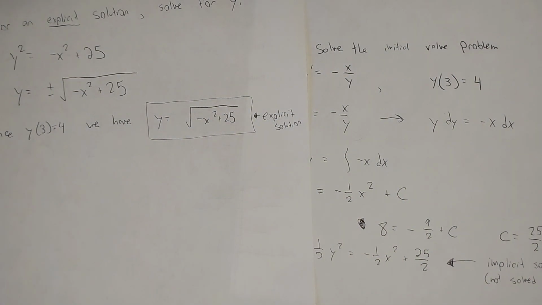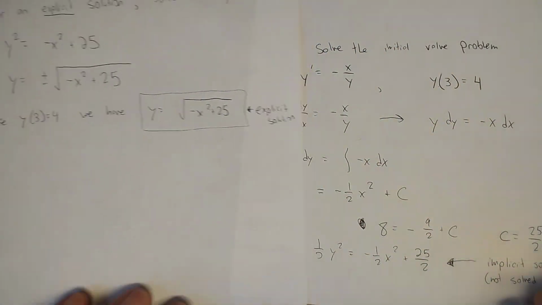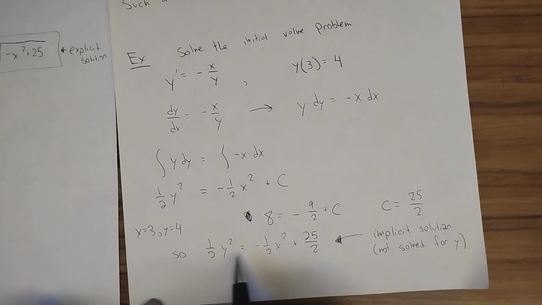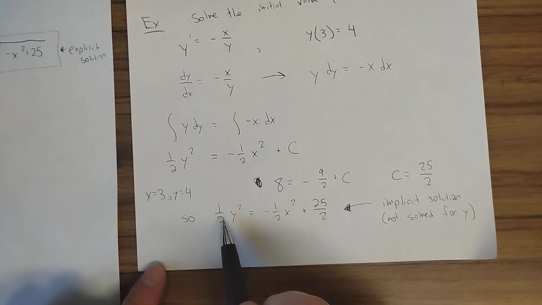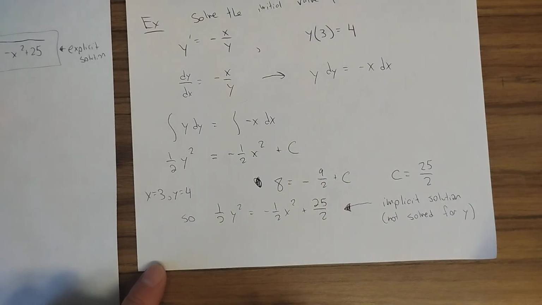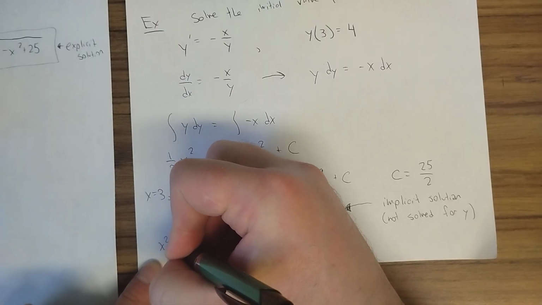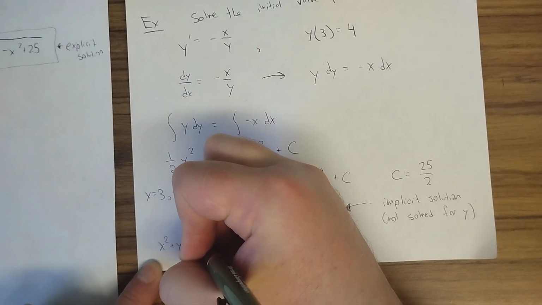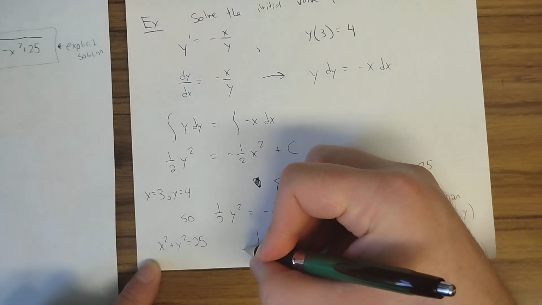The value of this is, first of all, this is an actual function. If you look at this original equation, if I get the x squared and y squared on the same side and I multiply by 2, this is actually just x squared plus y squared equals 25, which is a circle, of course.